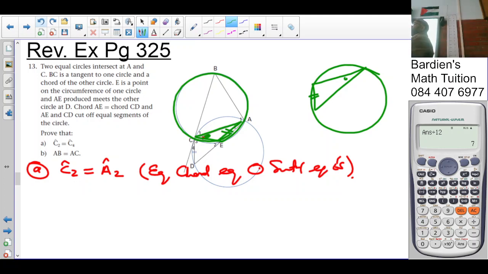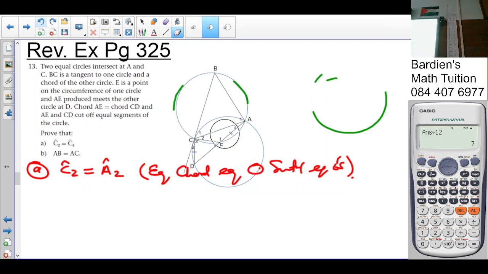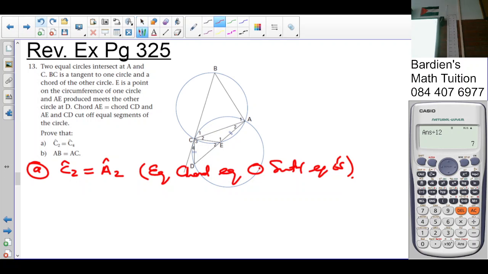Can you see it now? Therefore equal chords, equal circles, subtend equal angles. Okay? Alright, so we say that C2 is equal to A2.